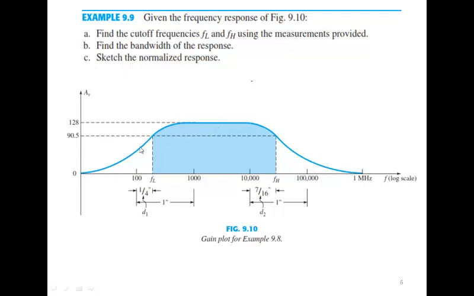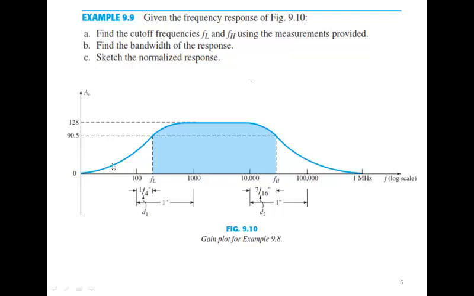The response has a maximum value. In this case, 128 is the maximum gain of this response, and for normalization, you take this maximum value and divide each value of the gain at each frequency by it.